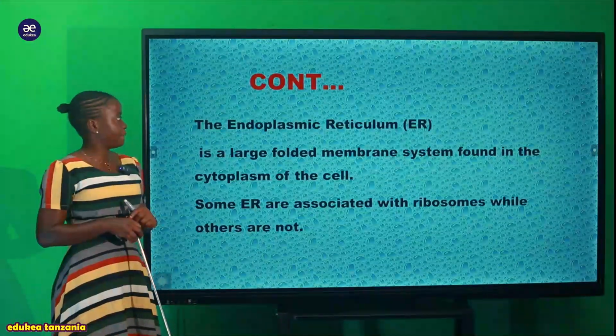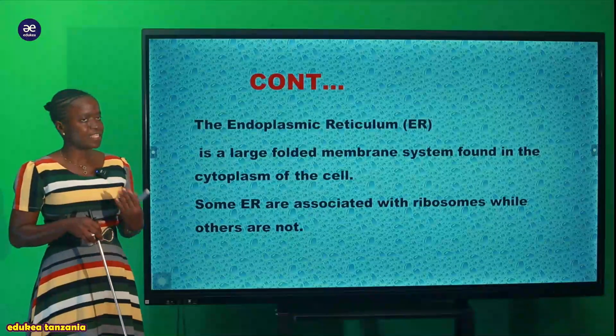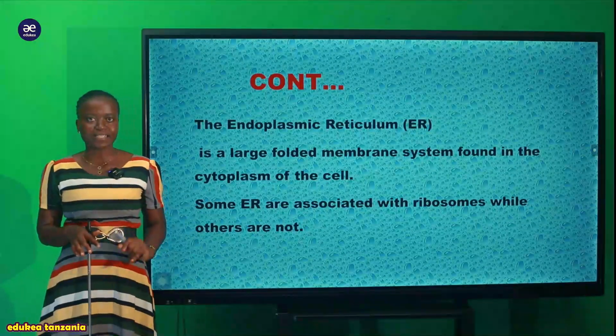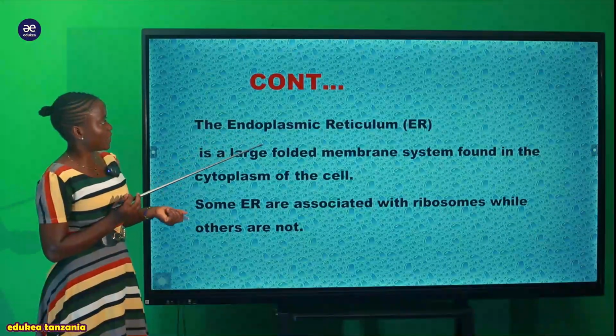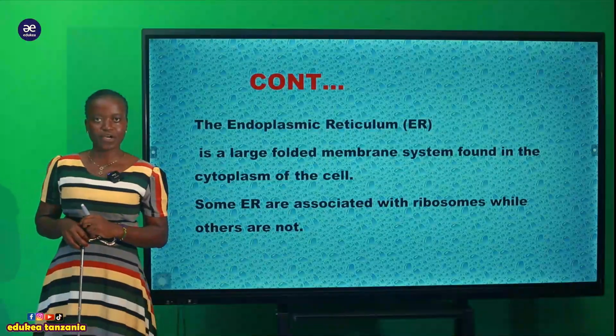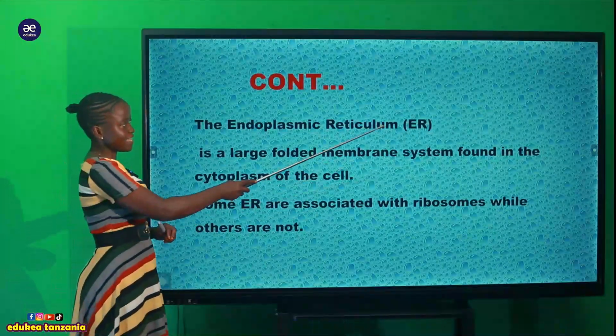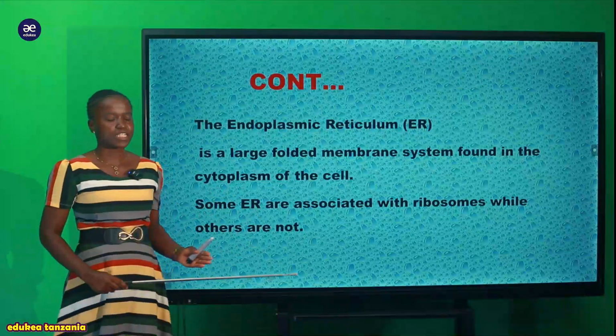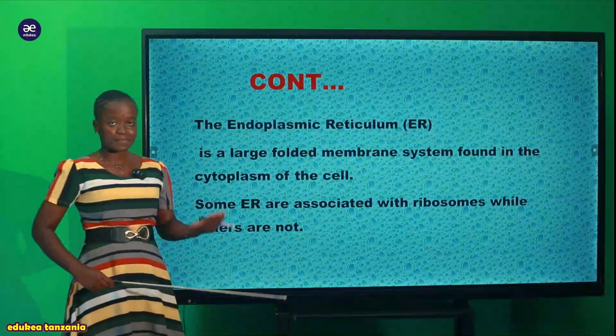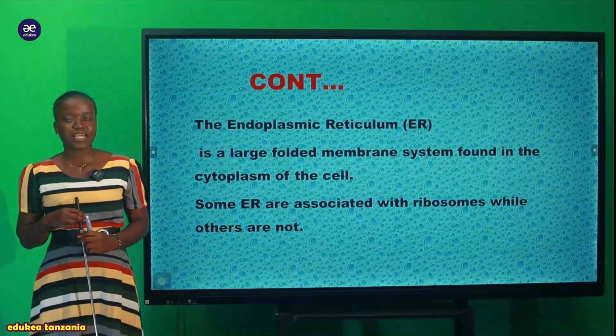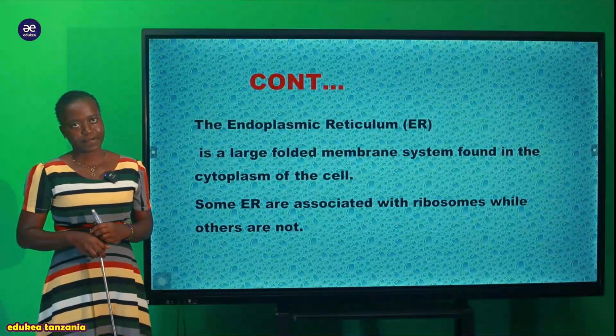Another part which is found within a plant cell is called the endoplasmic reticulum, abbreviated as ER. So if you meet this ER, don't be surprised, it is the same as the endoplasmic reticulum.